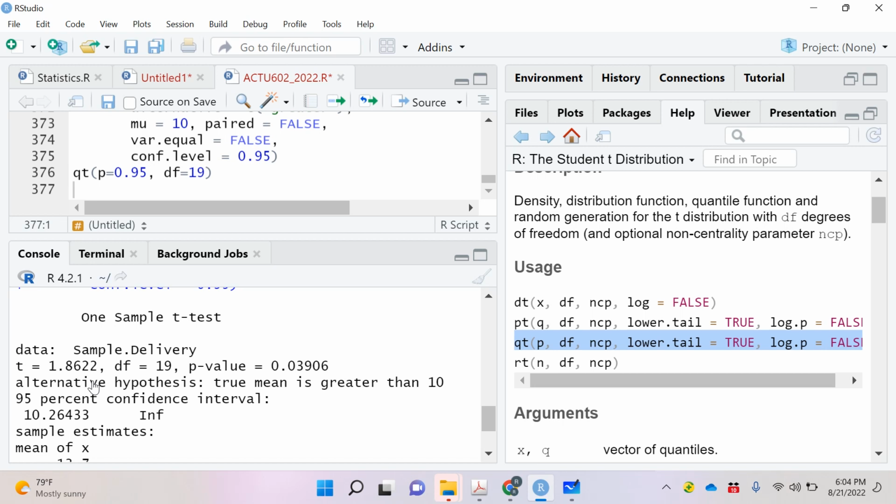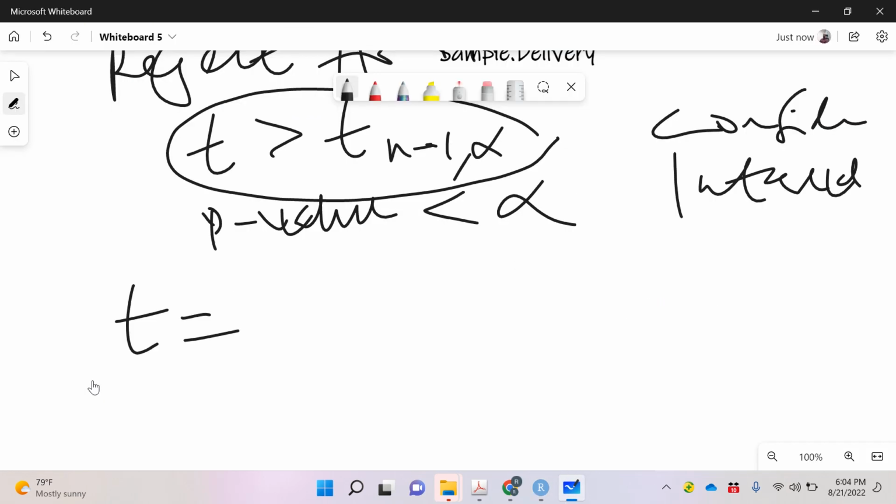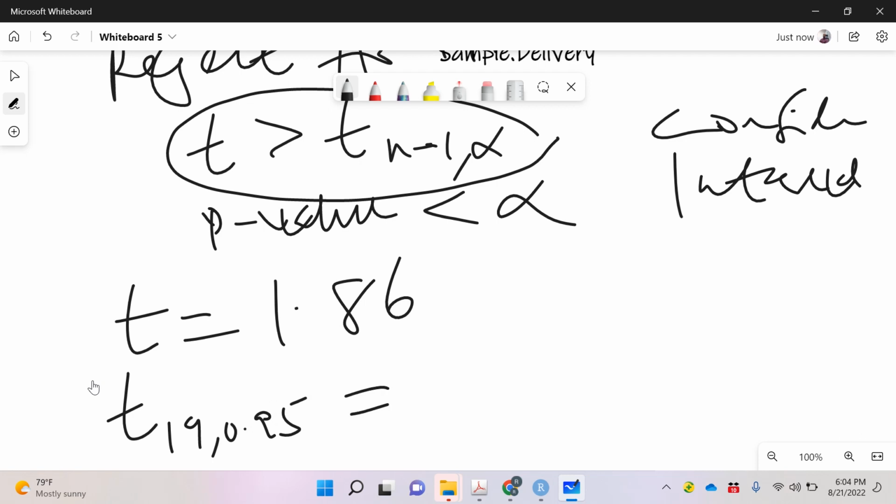Is everybody okay with this? So I say T is 1.86. Then the T that I read from the table, T19 at 0.95, gave me what? 1.72. So what is my decision?